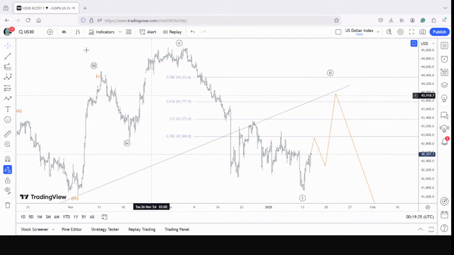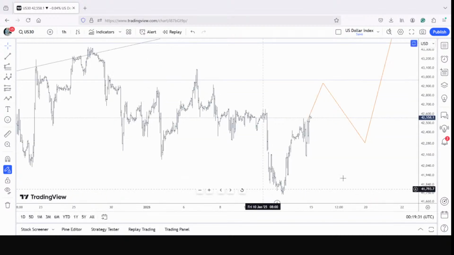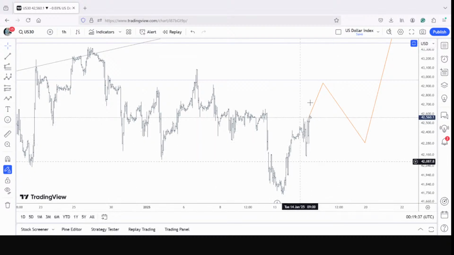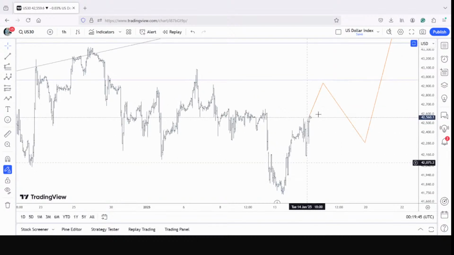It's time for the Dow to take a breather anytime soon now. It's probably the first wave complete. I think we can also project the other side divergence here. You see that divergence? So that's the last wave possibly.